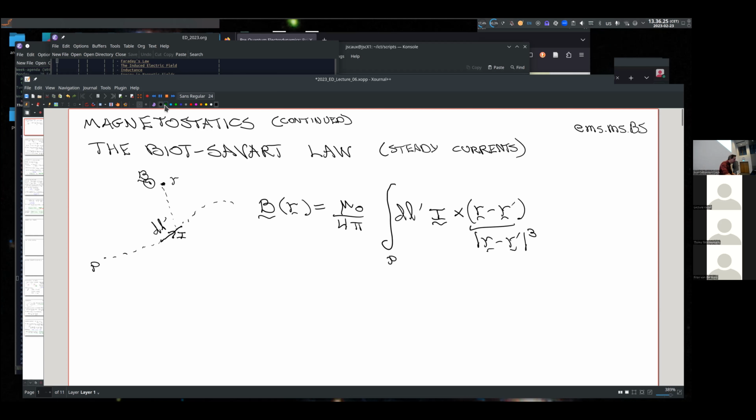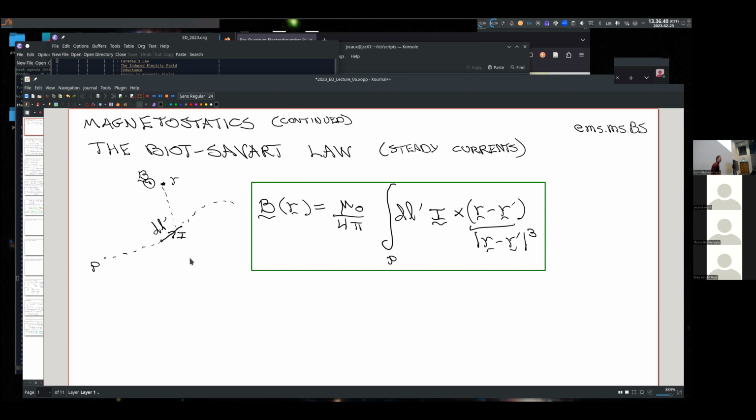I don't know if you already knew this name here. I presume that you have been parachuted this law in your first course in the first place. Okay, so that's the kind of historically accurate way of introducing the notion of the magnetic field here.